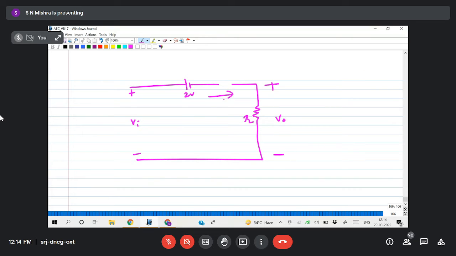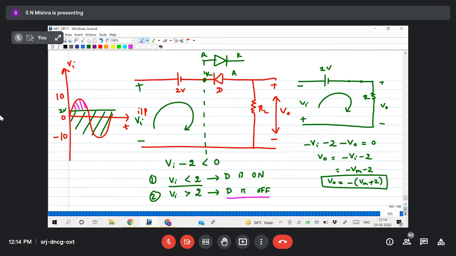So current is 0, so obviously voltage is 0, right? So for Vi greater than 2, output is 0, Vi less than 2, output is Vm plus minus of this. This minus is coming due to this sign. We have taken like this.